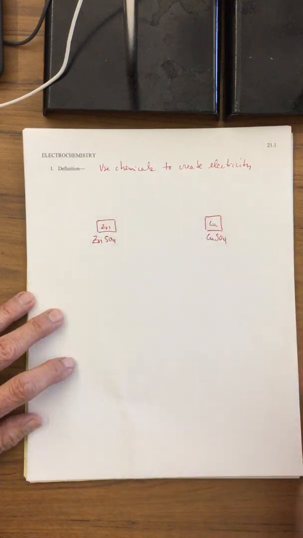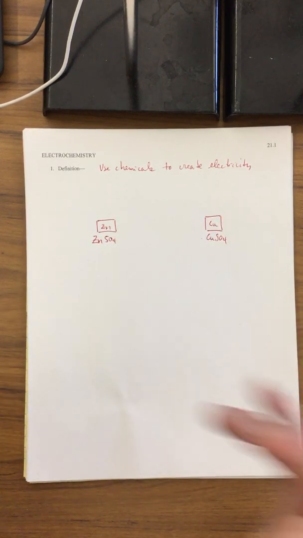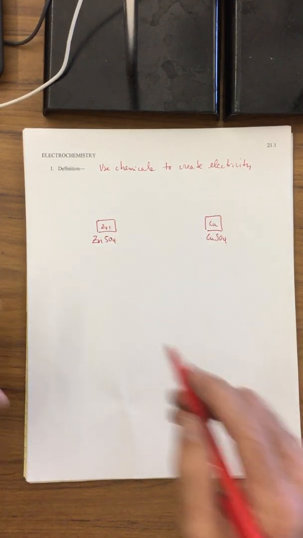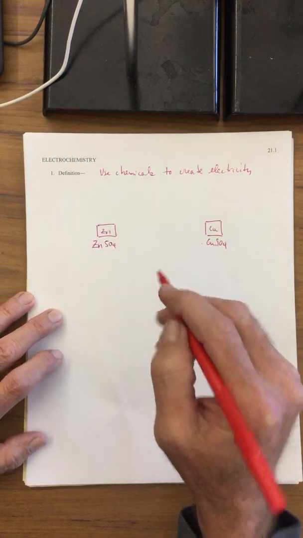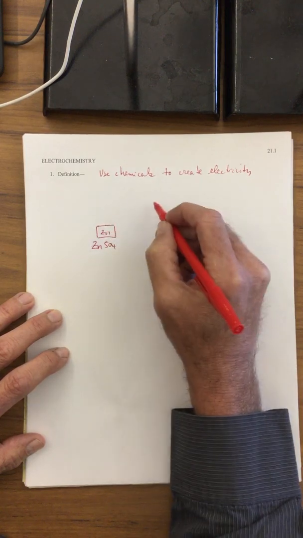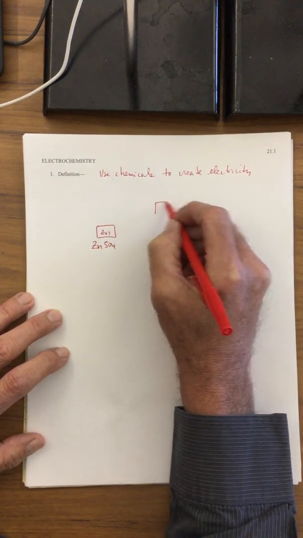So let's take a look and see what we can do here. We're going to try to separate that by putting the voltage meter in between those two, and we can still transfer those electrons. If you remember, we took a voltmeter. Let's draw the voltmeter right about here.